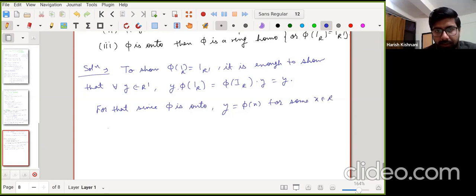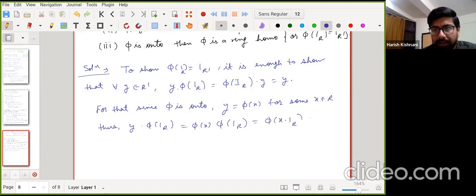And thus y times phi of 1R is phi of x times phi of 1R, and that is phi of x dot 1R, which is phi of 1R dot x as well.